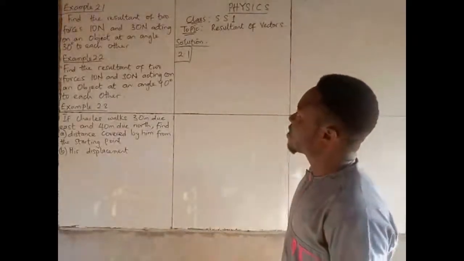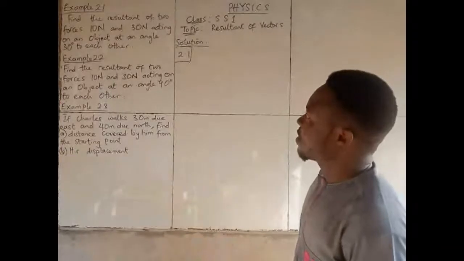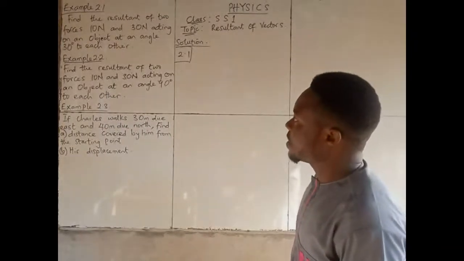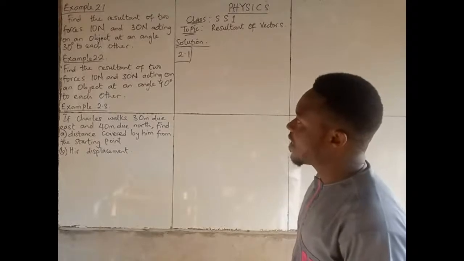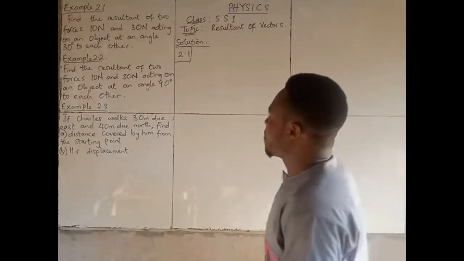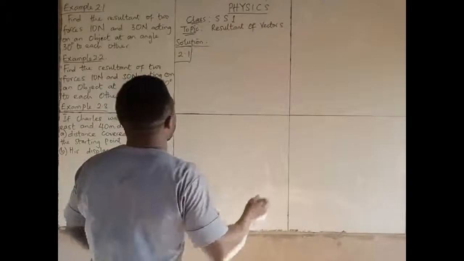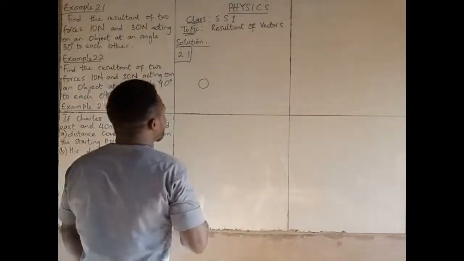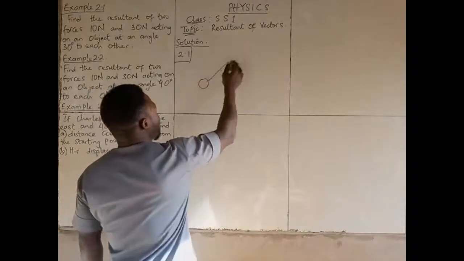Find the resultant of two forces, 10 Newton and 30 Newton, acting on an object at an angle 30 degrees to each other. We are given two vectors. We are given an object. Let's say this is an object O. Two vectors acting on this object.